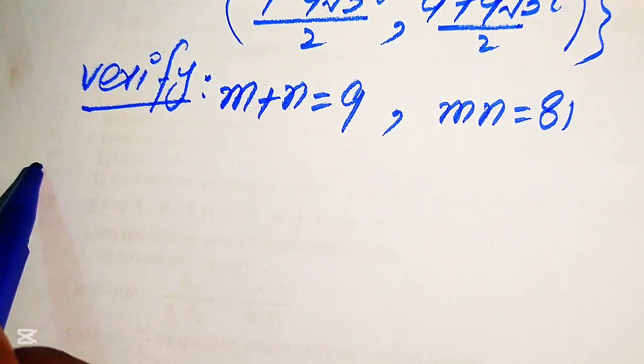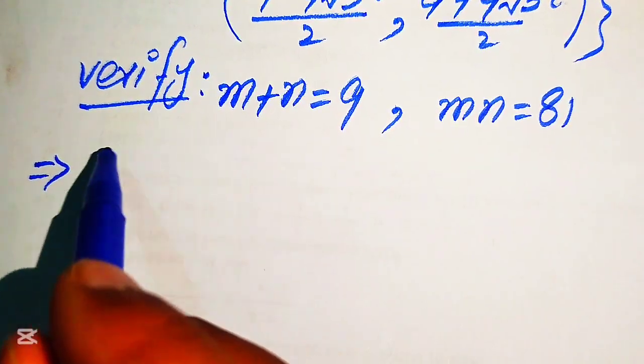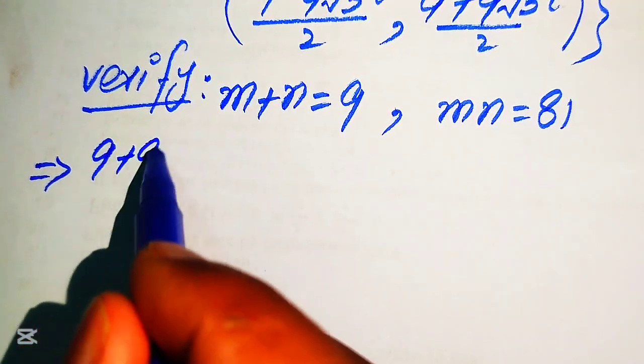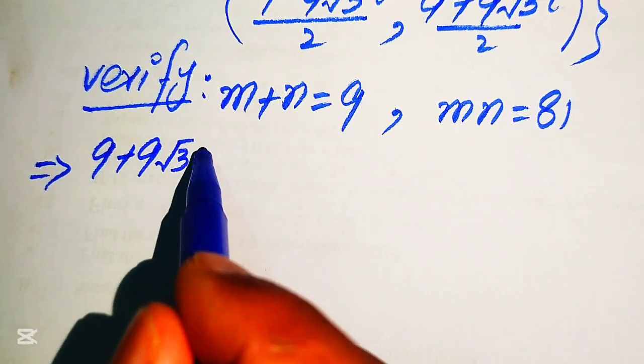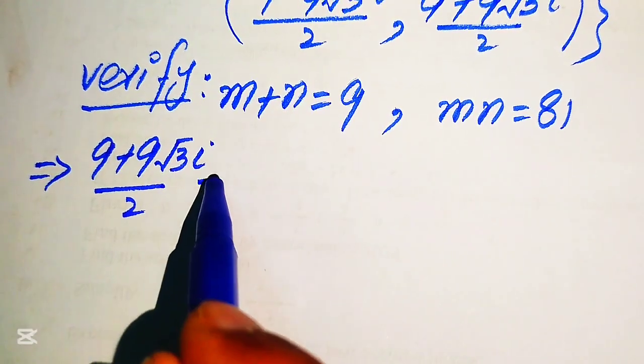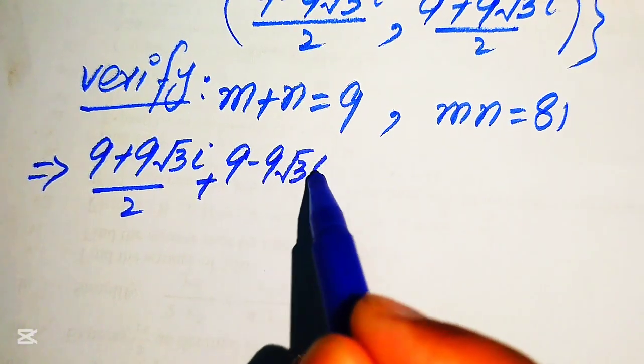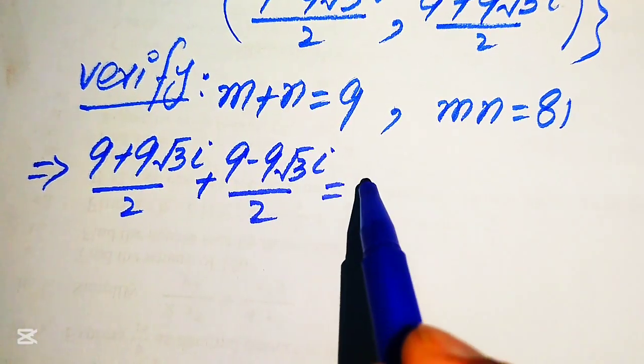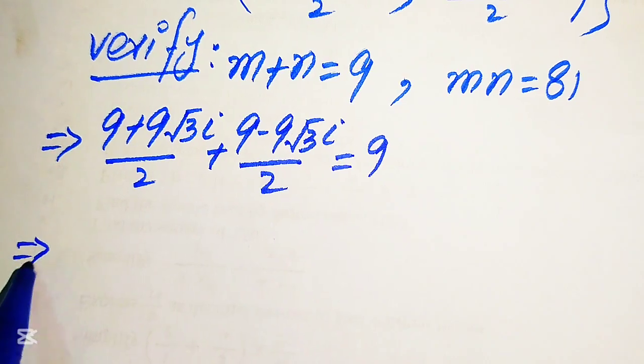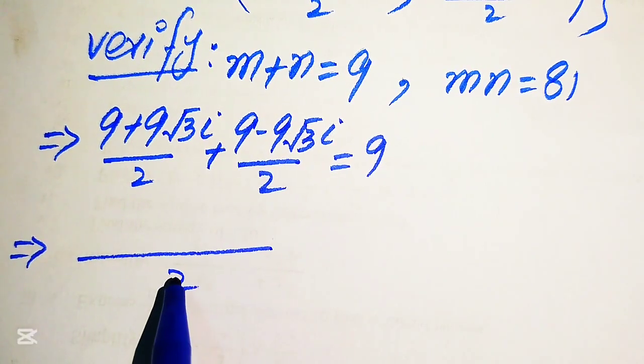When we put these values in the first equation, we have the value of m, 9 plus 9 times the square root of 3 iota divided by 2, plus the value of n, 9 minus 9 times the square root of 3 iota divided by 2, equals 9. We take the LCM of this term, so its LCM is 2.